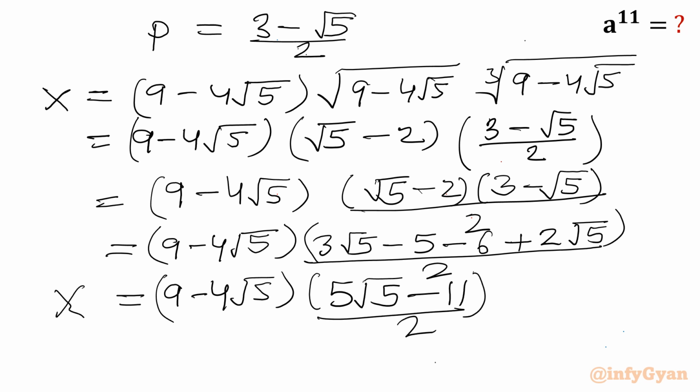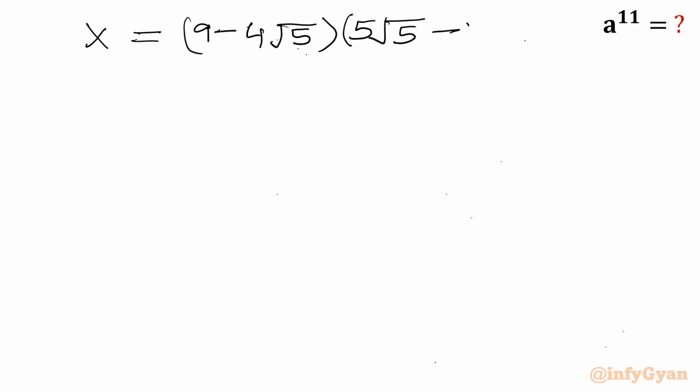Now we have to multiply these two brackets, 5 root 5 minus 11 over 2 with 9 minus 4 root 5. So I will be writing X is equal to 9 minus 4 root 5 times 5 root 5 minus 11 divided by 2. Let's multiply.